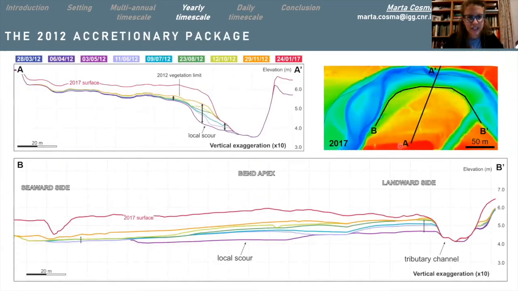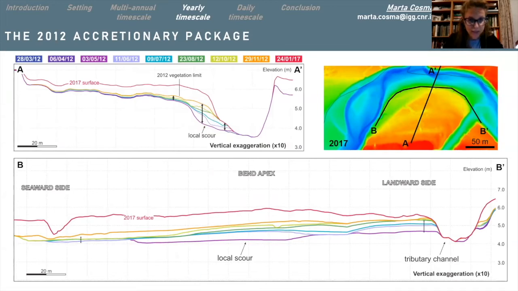Looking at the actual cross-section here, you can see that the accretionary package pinches out both toward the bar top and toward the channel tidal, with the thickest deposits recorded on the bar slope.